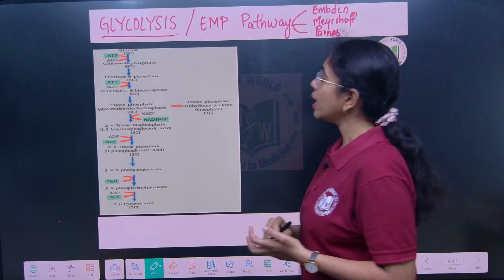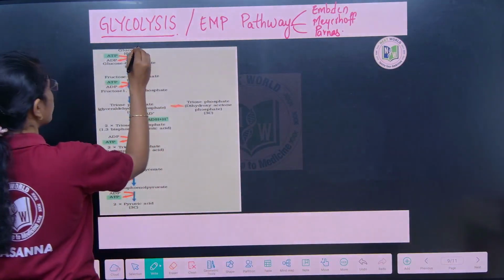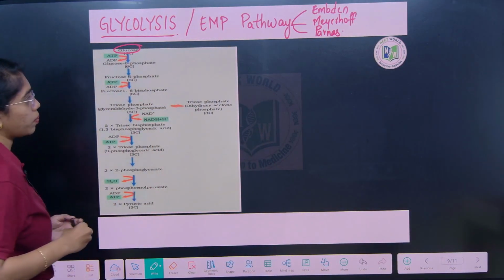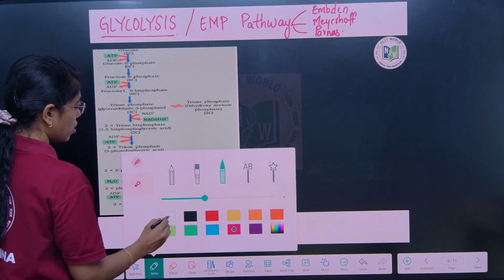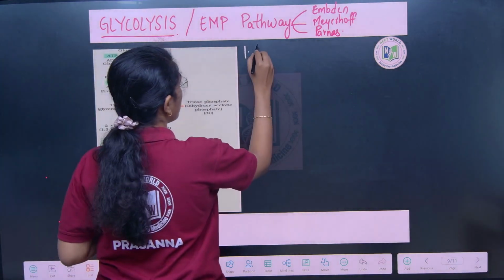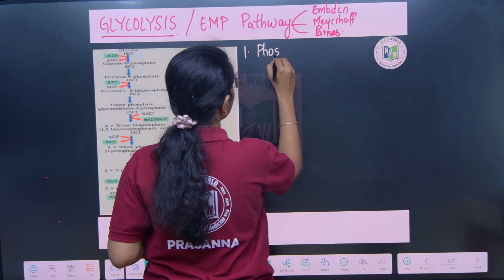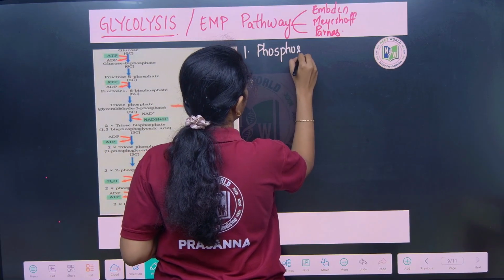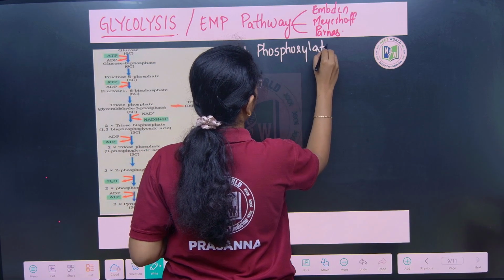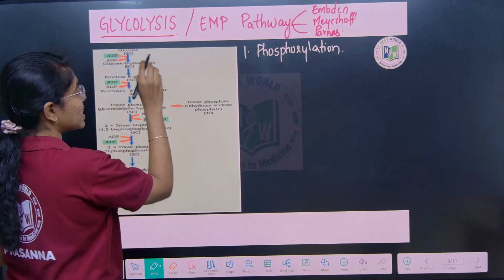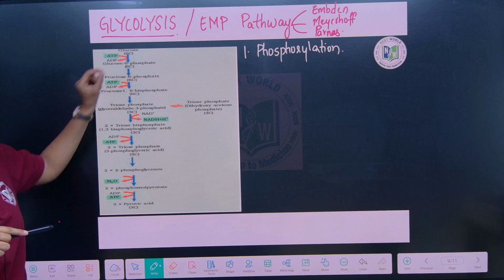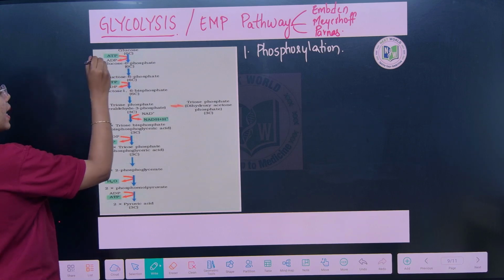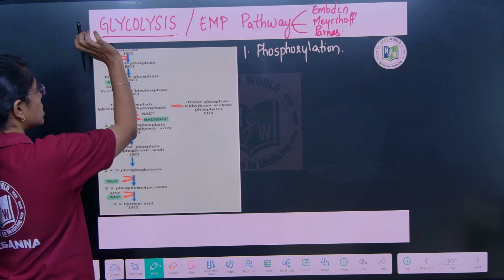So this pathway begins with glucose. When glucose enters the cytoplasm, the very first step is phosphorylation. Glucose has 6 carbons, and at the 6th carbon of glucose, a phosphate group is added from ATP, which is present in the cytoplasm.